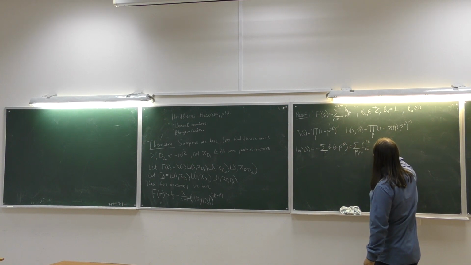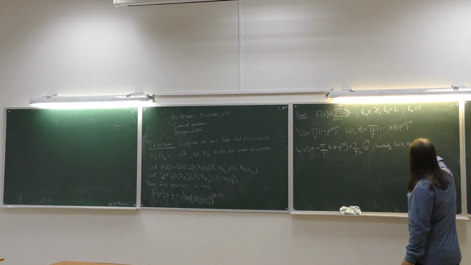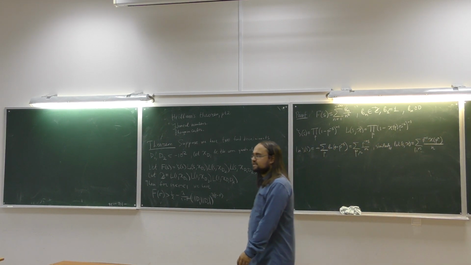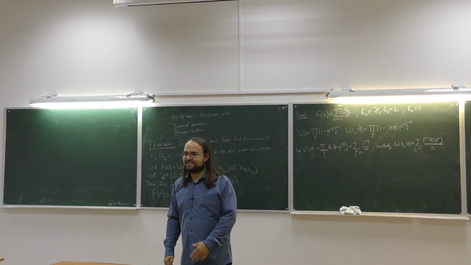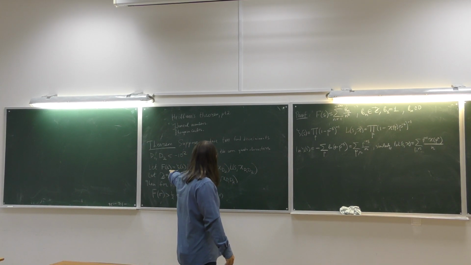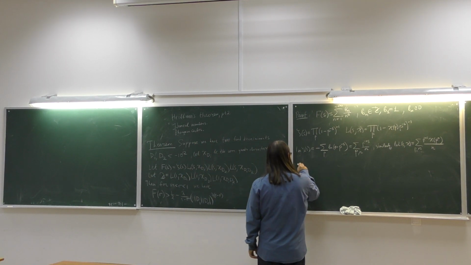And similarly, the logarithm of L(s, chi) is equal to the sum over all p and n of p to the minus ns, chi of p to the n, divided by n. Correct? This is due to multiplicativity of the character. Now, if you take a logarithm of f of s, you are going to get the following expression.